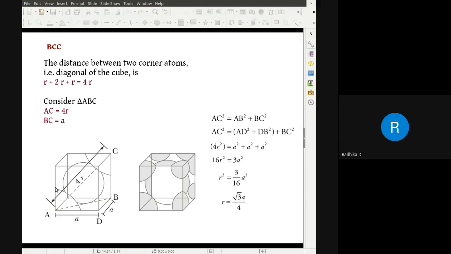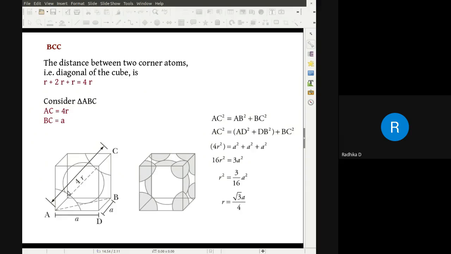So this 1 by 8 from point A will have a length of R, and the other from point C will also have a length of R, exactly like how we saw in the previous case. It will contribute R each, but the central atom will have R plus R, 2R.